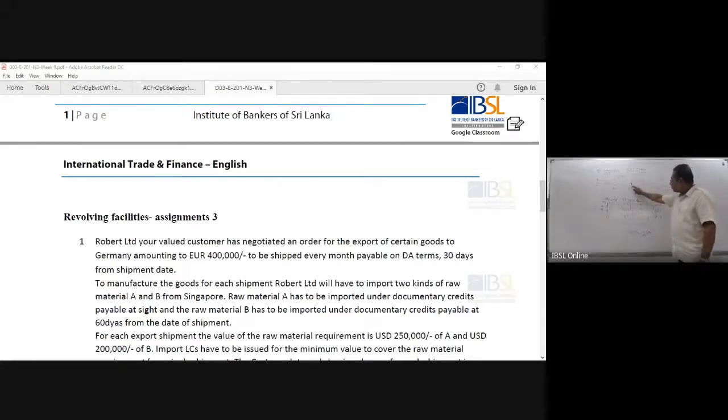Bank will purchase export bills after receiving the documents 4 months. The time taken to manufacture goods and export them will take 4 months. So for this gap of 2 months, the bank has to bridge it. Otherwise, the chain will break off. That is why we give the customer a short-term loan. That's what I'm trying to explain in the base of calculation.